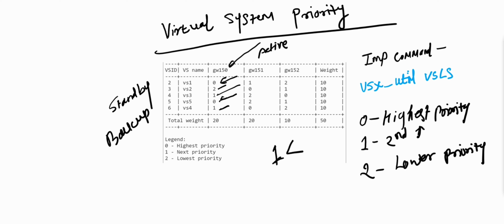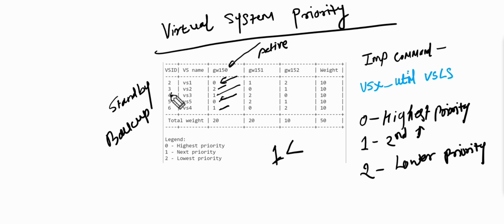Similarly, if you look at the other VSX gateways, you will see these priorities, and depending on that you will understand on which gateway which virtual system is acting as active and processing traffic.